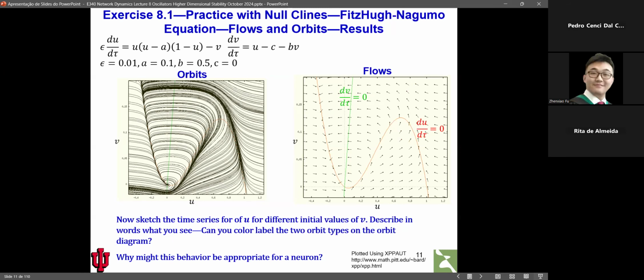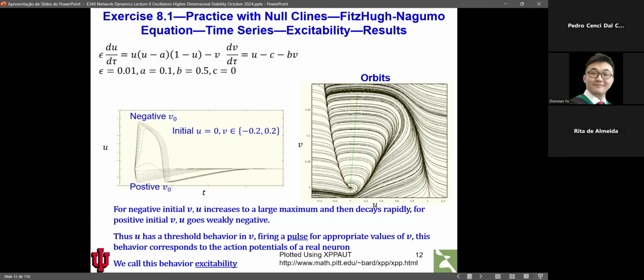This is interesting because when you look at U and time here, you see that if you start with slightly different values of U, of positive V here, you can either go up or go down and then you come back. But you always come back to the same fixed point, and this could represent a spiking neuron. And this is exactly what happens to the neuron.